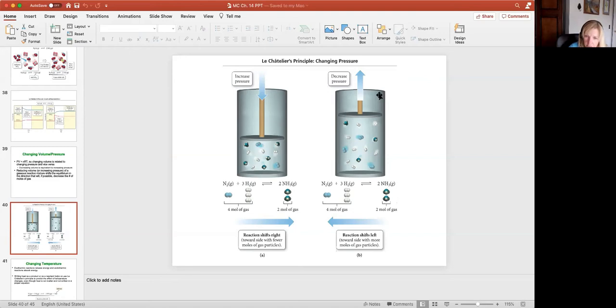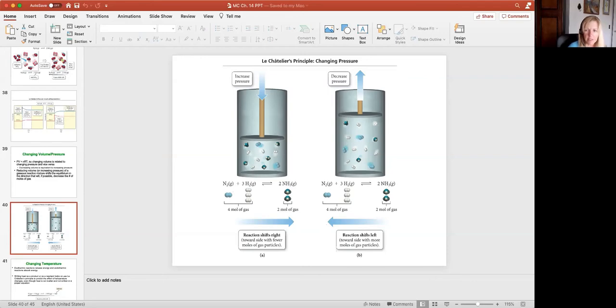If I increase the volume, so I give it more space, it's going to favor the side that has the higher number of moles of gas. So for a reaction that has gases, I can shift that equilibrium just by changing the volume. Now, if there isn't a difference in the number of moles of gas, then it's not going to matter.